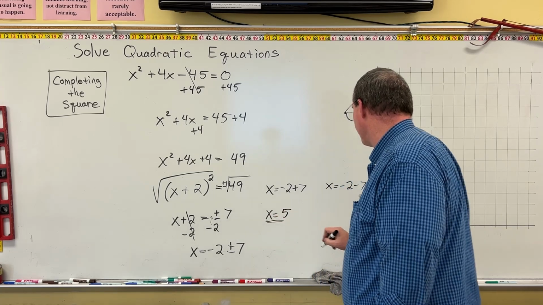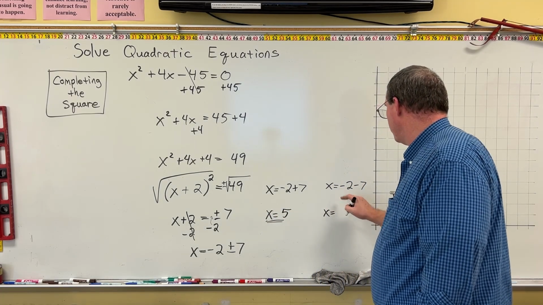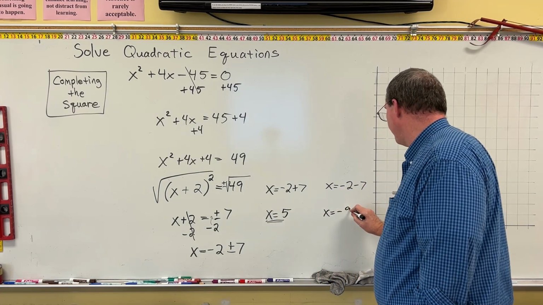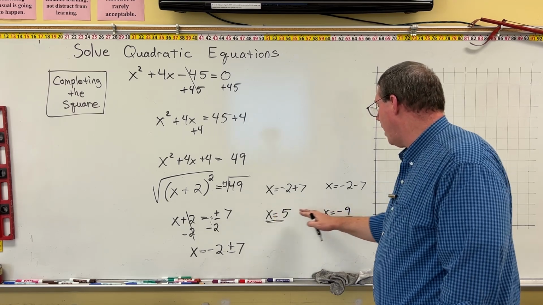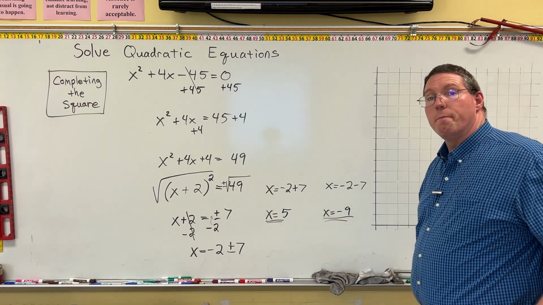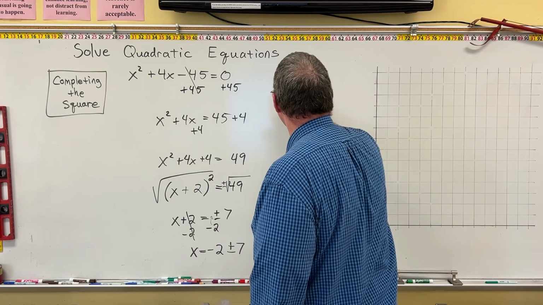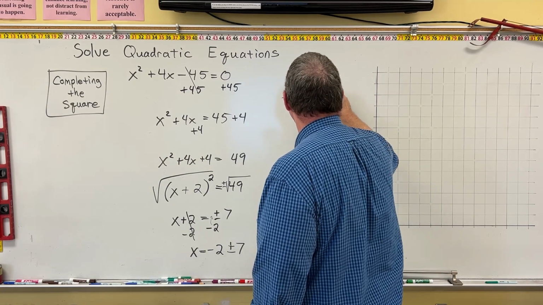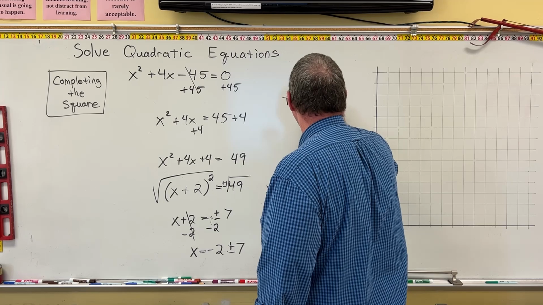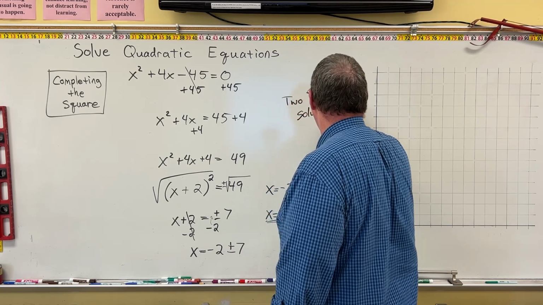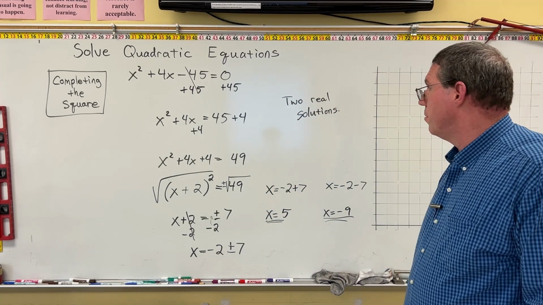That's one of our solutions. And then x equals negative 2 minus 7, that's negative 9. And so our solutions are 5 and negative 9. These are both real numbers. So we're going to say here there are two real solutions. Okay? And that is how you use completing the square.